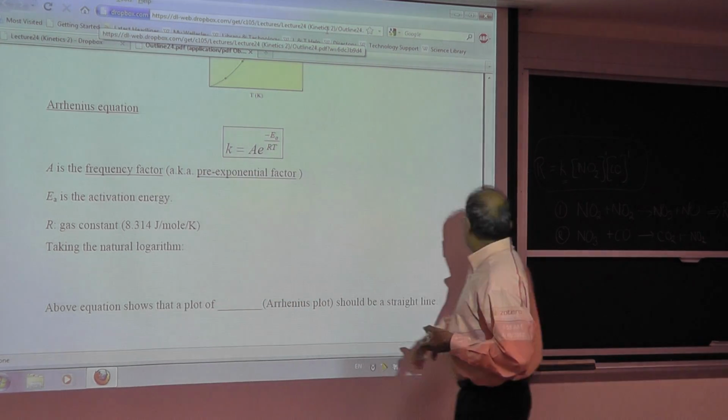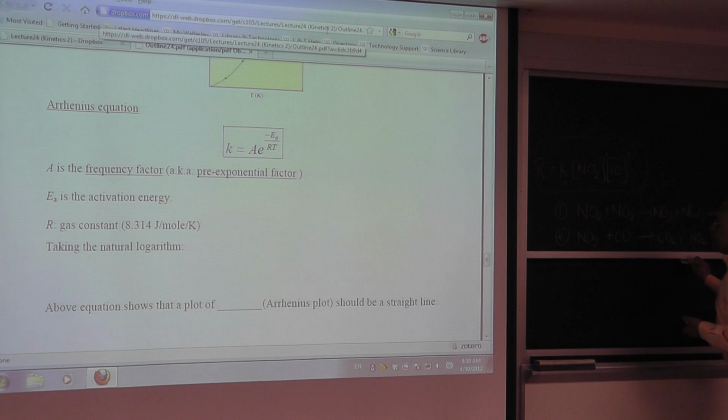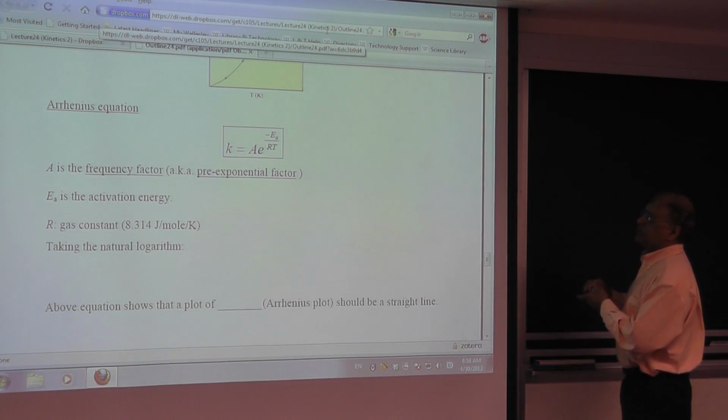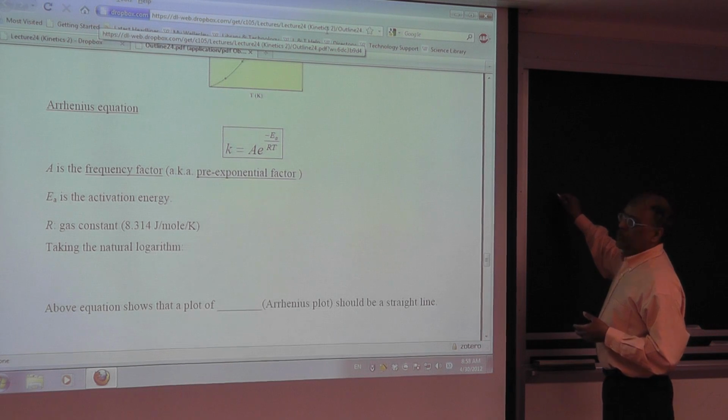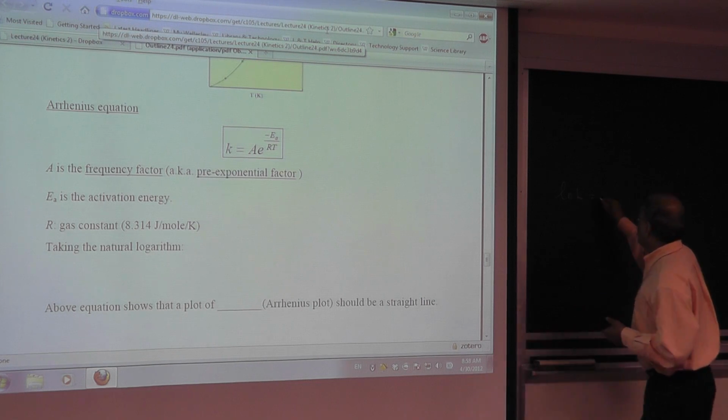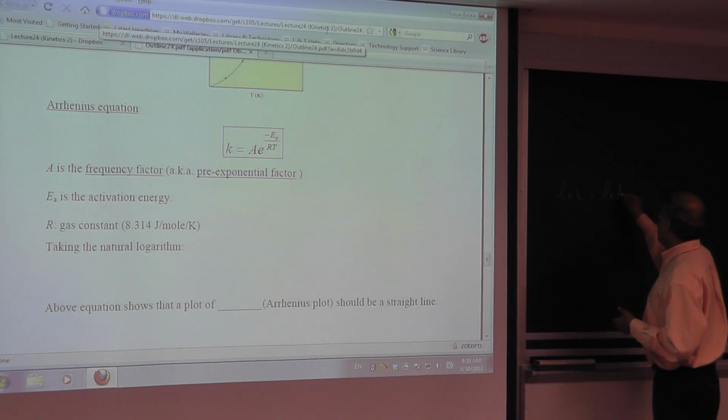If we take the natural log of both sides, what do we get on the left-hand side? ln of k is equal to ln of A minus E sub A over RT.